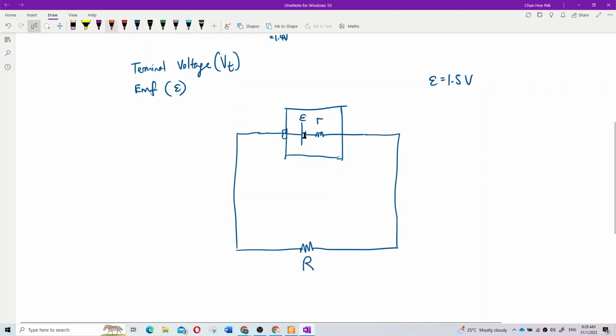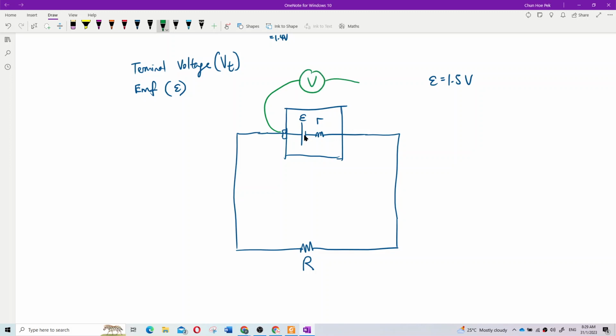However, if I put a voltmeter across here, I measure the voltage of this battery, a 1.5 volt battery.